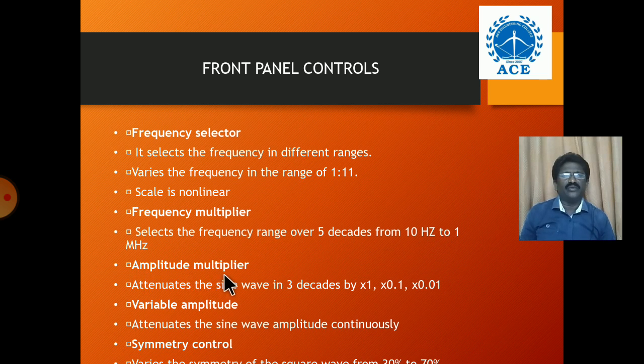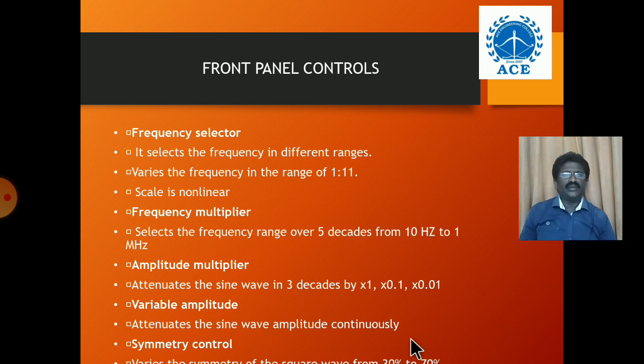The amplitude multiplier attenuates the sine wave in 3 decades, by x1, x0.1 and x0.01. With the help of these values, we can estimate our required value of the waveform. The variable amplitude control attenuates the sine wave amplitude continuously. There is also the symmetry control.